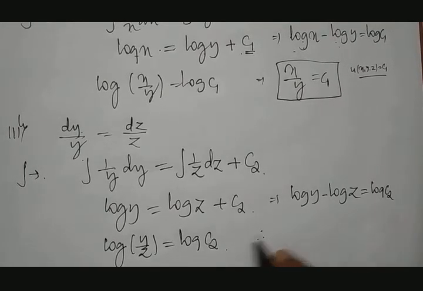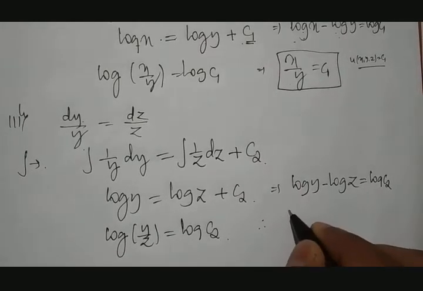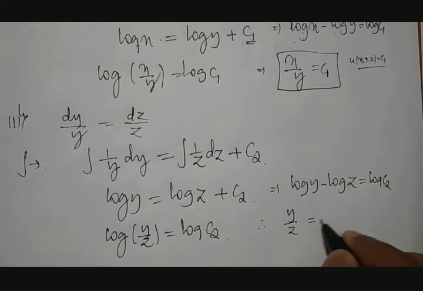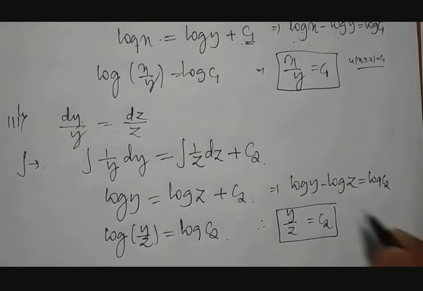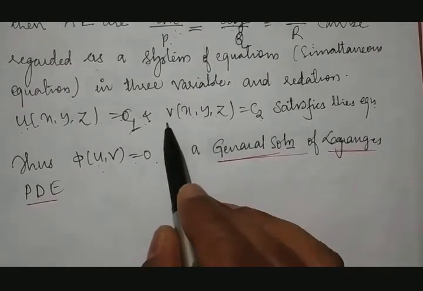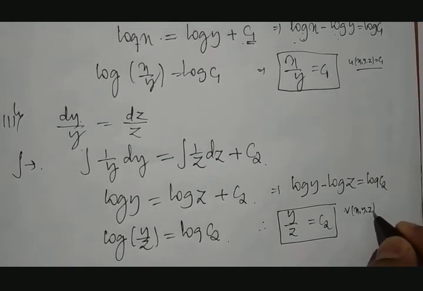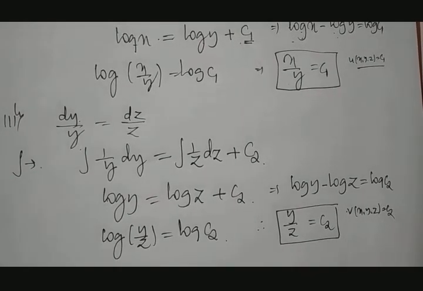On both sides there is a logarithm, so it gets balanced. Then we can say y by z is equal to c2. So this will be the second solution, that is v of x comma y comma z equal to c2.